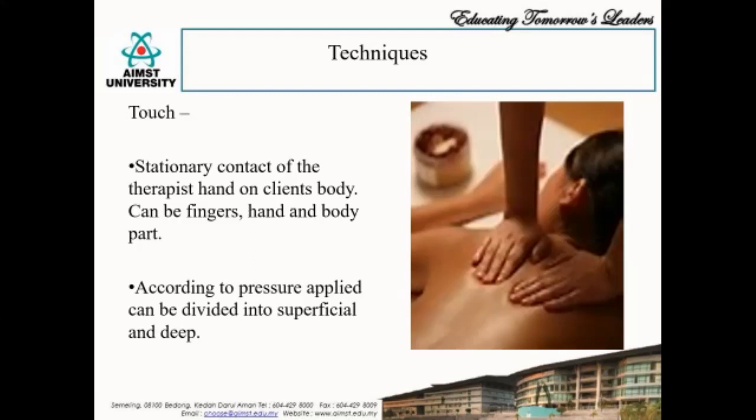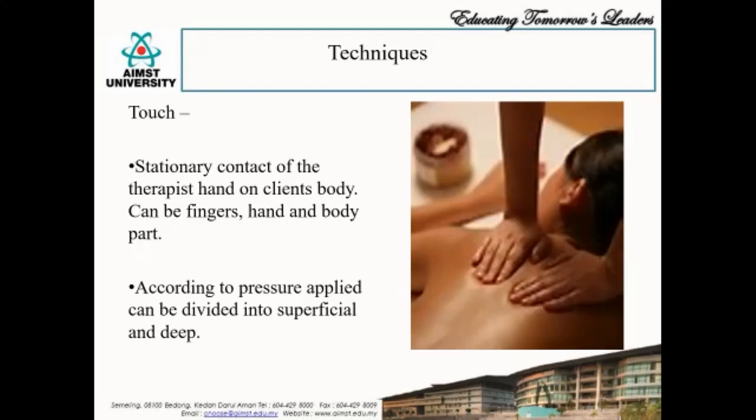This is to make the patient accustomed to your body, your touch, your fingers. So touch is just a stationary contact between the therapist's hand and the patient's body. This can be using your fingers, your hand, or any of your body part. This can again be superficial and deep. The only effect of this touch is it will help you to get used to that particular person.